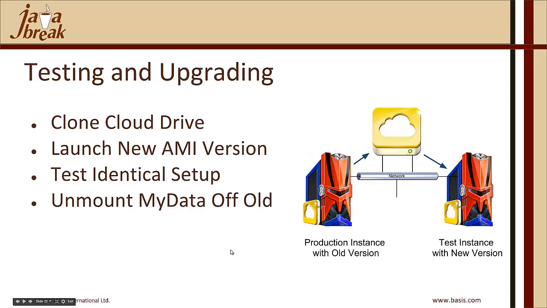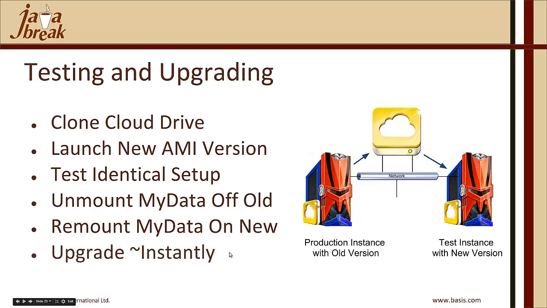So once you're happy with your testing, you can unmount the data off of the production machine, and you can mount it onto the upgraded instance. And as far as the customers or the users are concerned, the upgrade occurred almost instantaneously, because you did all of your testing up in the cloud on identical hardware, on identical data, and ultimately the only thing you were testing were those new bits of software.